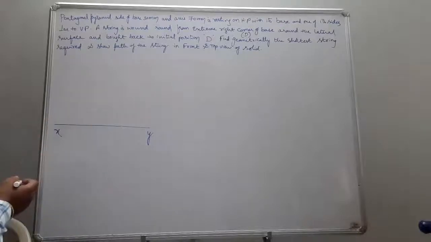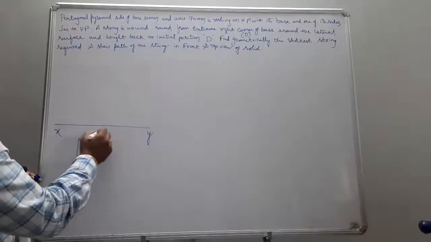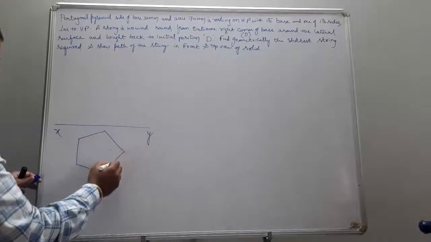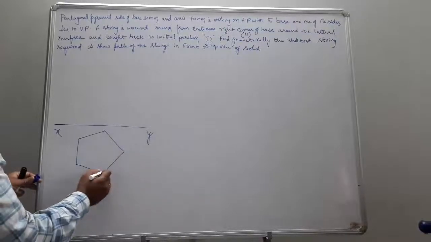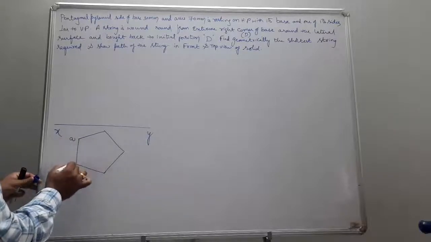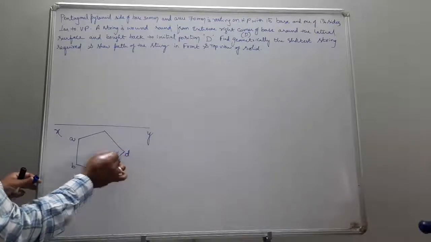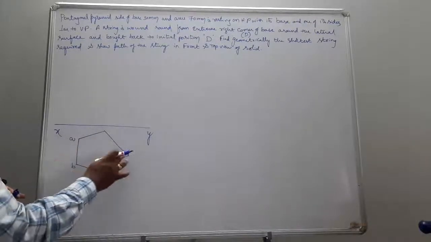XY. So one of the edges is perpendicular to VP, right? A, B, C, D. Compulsorily you have to take this point as D. You are not supposed to take some other A, B, C, D. This becomes C. Why?